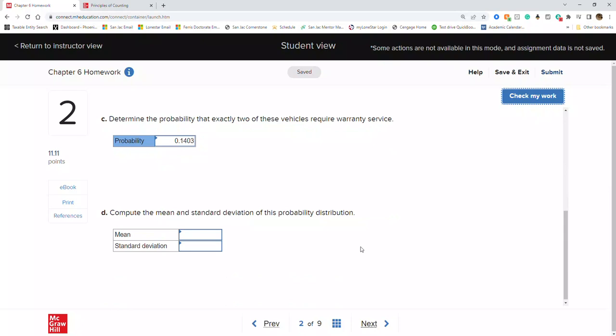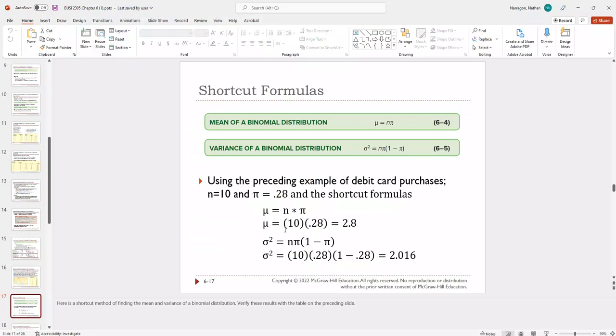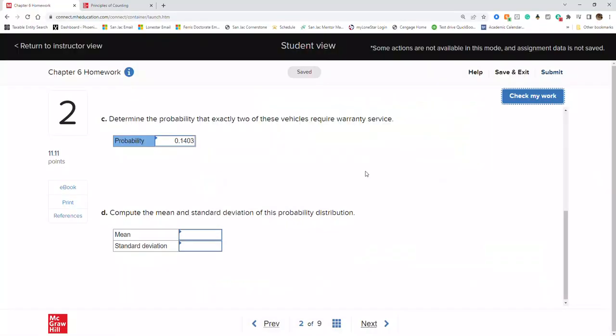So mean in itself is going to be n times percent. Again, go into your PowerPoint. This is the binomial distribution, sorry. So, n times our percentage.